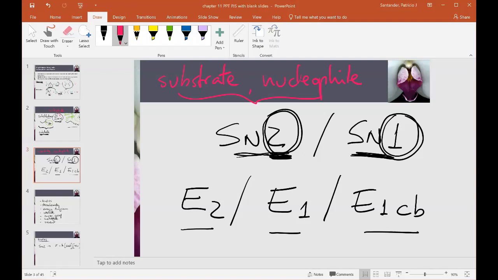In the case of the SN1, the rate of the reaction depends only on the concentration of the substrate. And there is absolutely no dependence on the concentration of the nucleophile. So we will go studying in detail the SN2, SN1, E2, E1, E1cB.